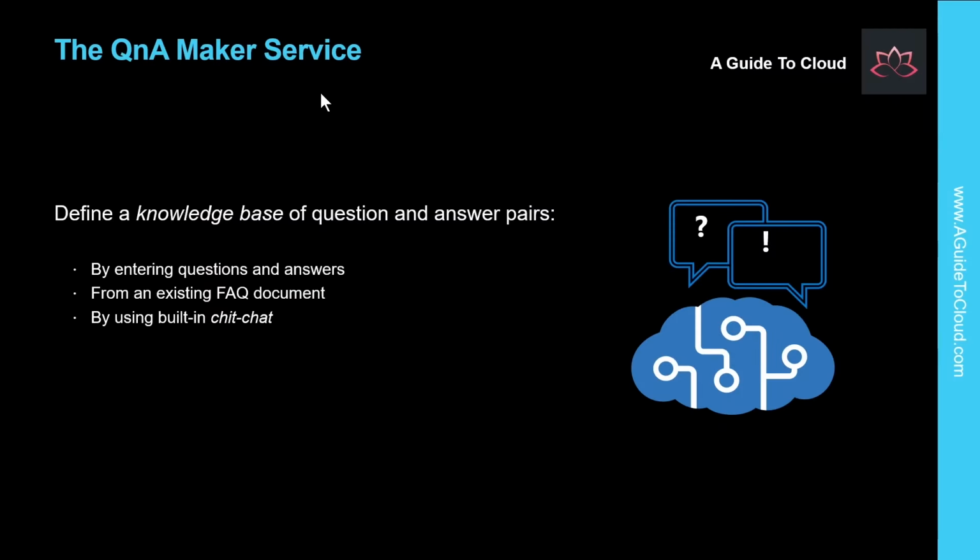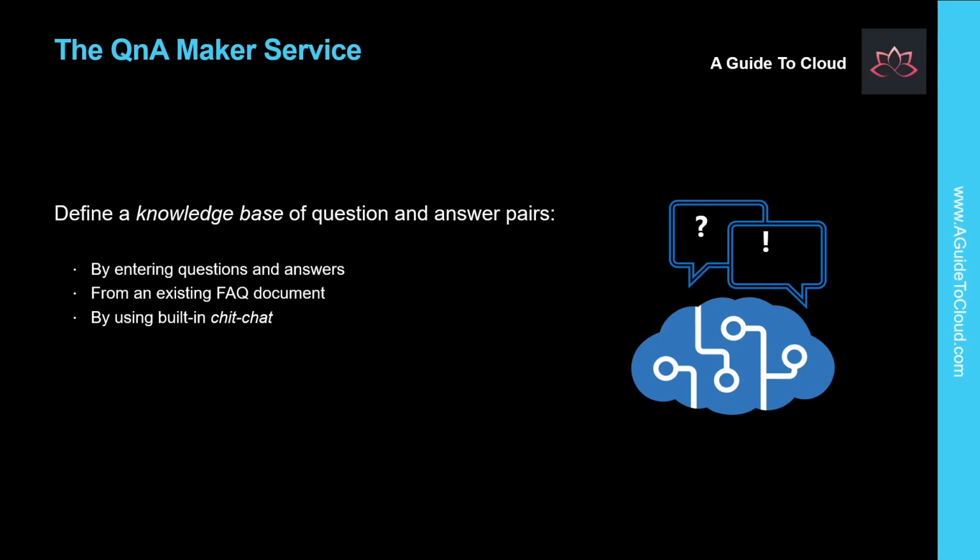So let's learn about what the Q&A Maker service is. Q&A Maker is a cognitive service that enables you to define a knowledge base of question and answer pairs. You can create the knowledge base by entering questions and answers, or you can import an existing frequently asked question list.